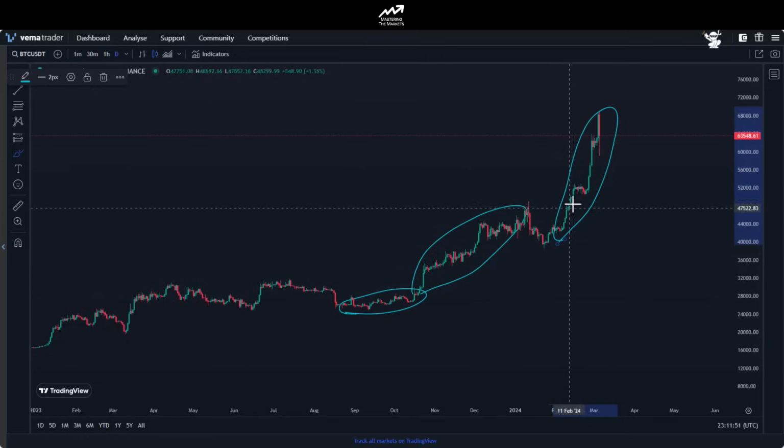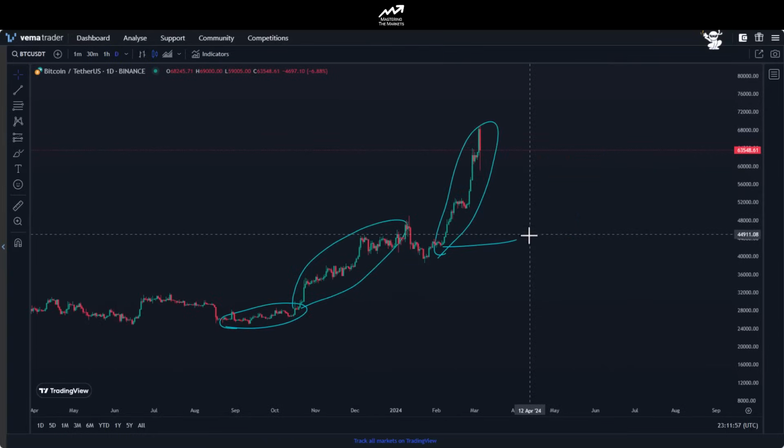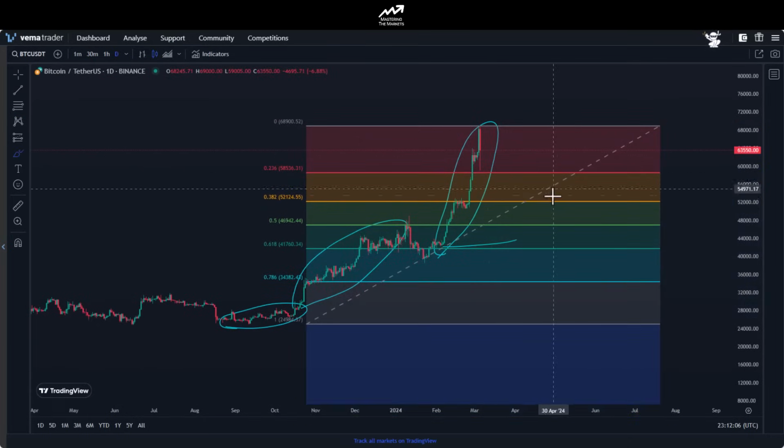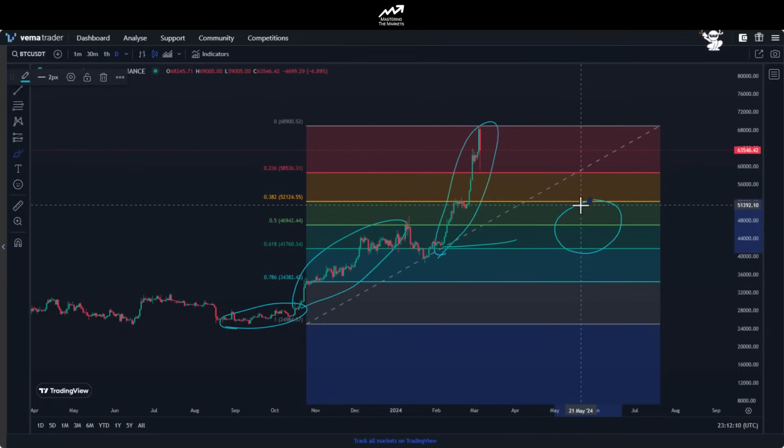Okay, possible final move. So possibly what could be happening now, if we do get a change of structure on the daily, is that we could actually be getting a 1/3 to 2/3 correction from the top here, which would be a healthy pullback, a zig to zag, anywhere in this 52 to 41K zone.